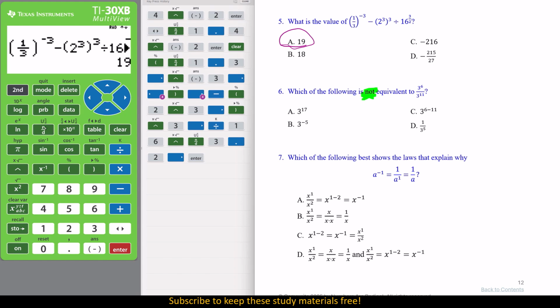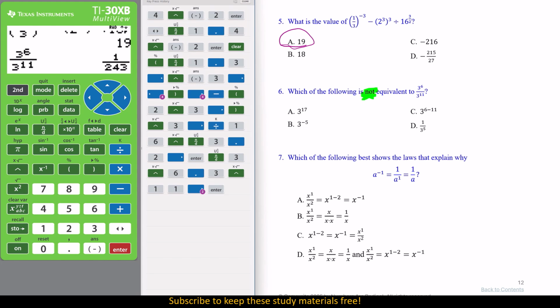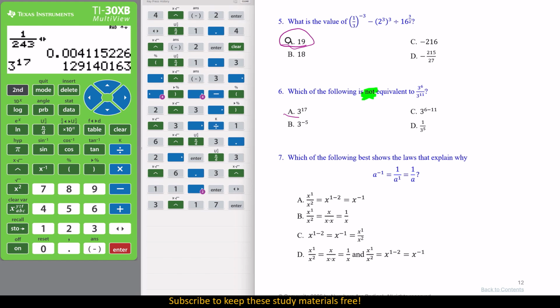When I build my fraction, 3 carried up to the 6, and 3 carried up to the 11, I verify my entry, push enter, and that gives me a fraction with a large denominator, and I push my toggle. That's a decimal. And 3 carried up to 17, like I said, is a very large whole number. There's no way. So option A has to be it.